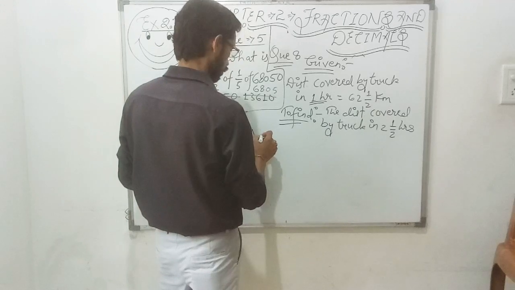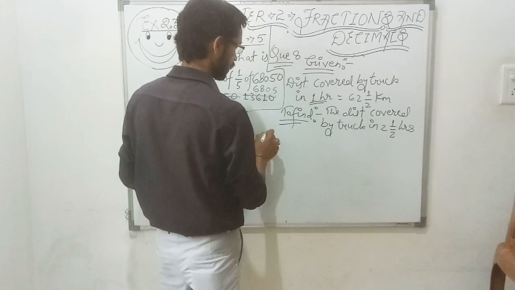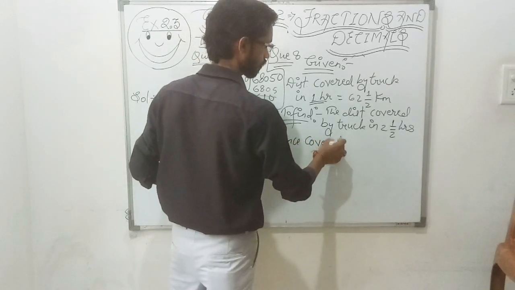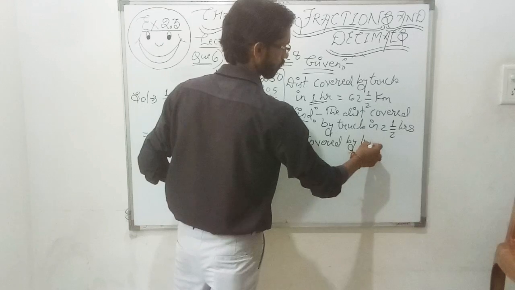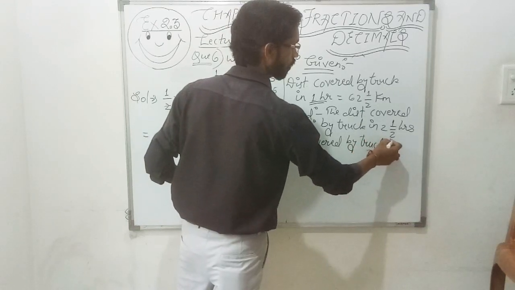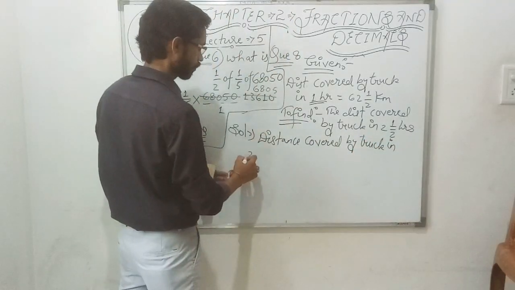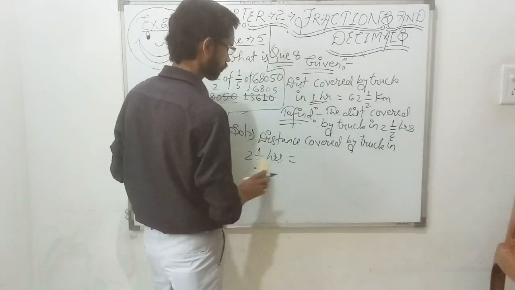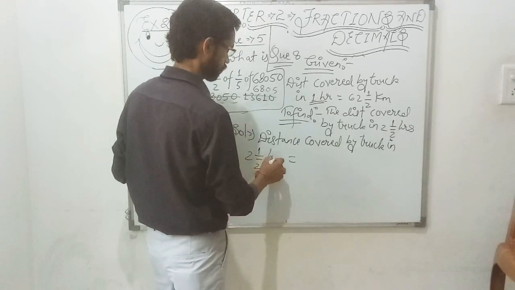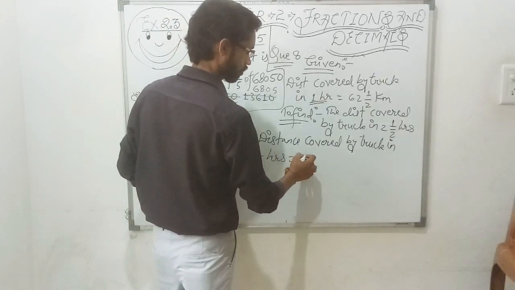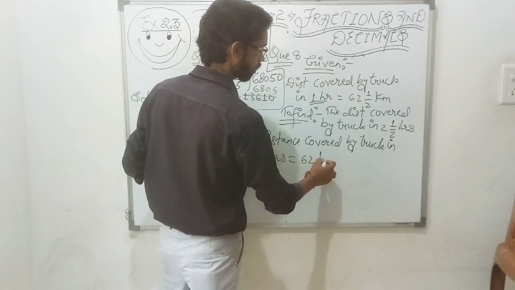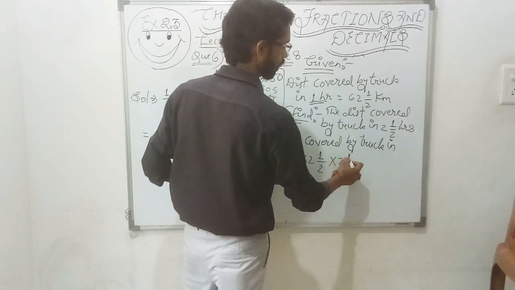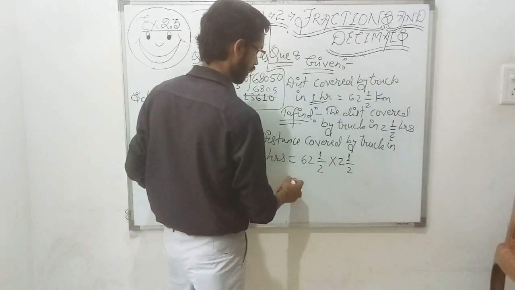So you can say directly, distance covered by truck in 2 and 1/2 hours is equal to distance covered in 1 hour, that is 62 and 1/2, into 2 and 1/2 times.